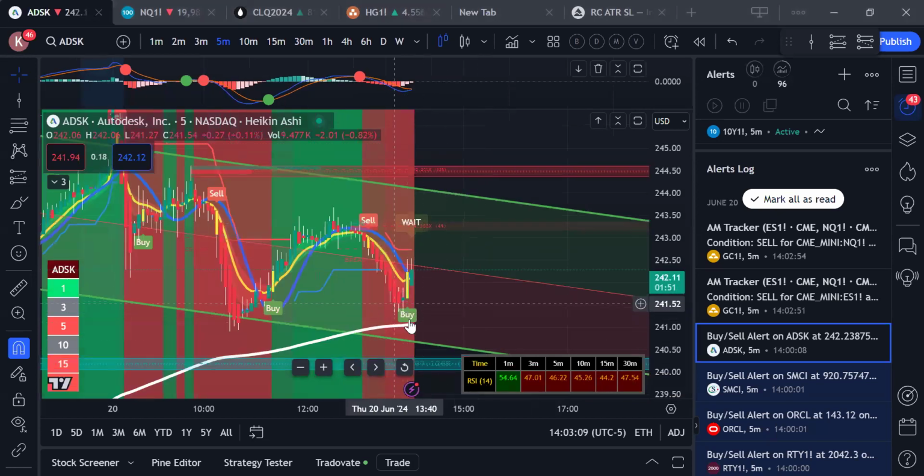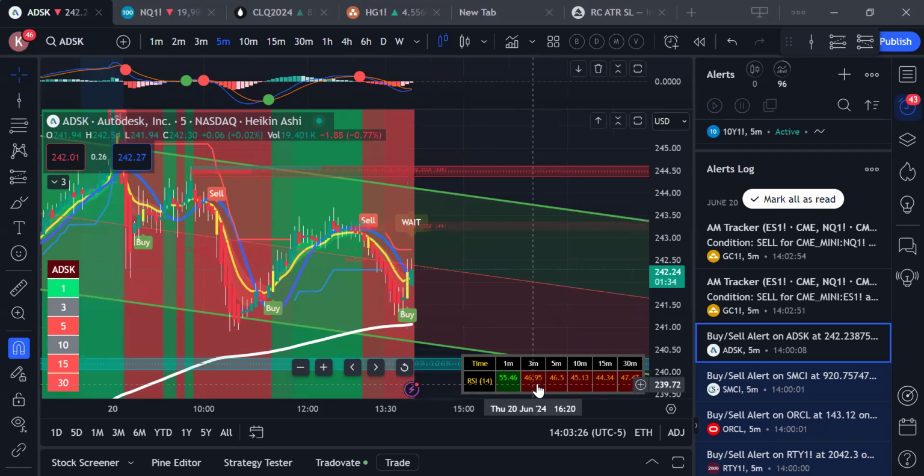So for example, we got a buy now. Generally there is a tendency for members to immediately take calls or buy the stock here. But what this algo is telling is wait. Why? Because your RSI, your 3 minute, 5 minute is still red, which means there is still bearish momentum. So you don't just go with this buy.